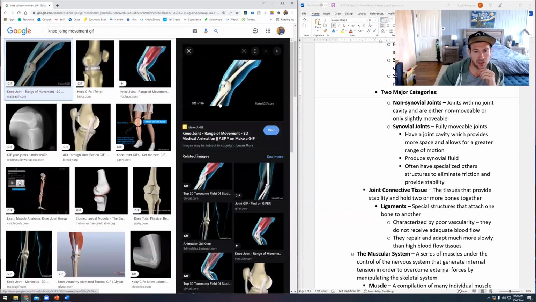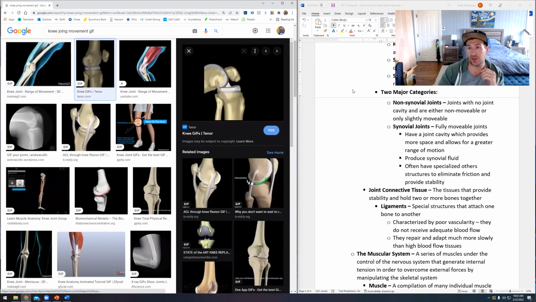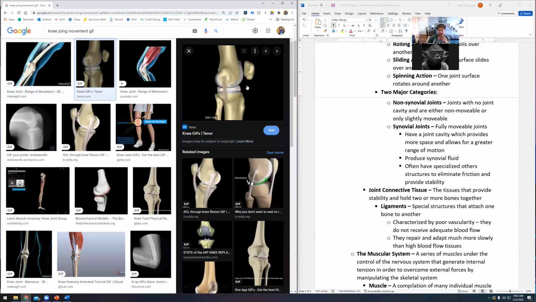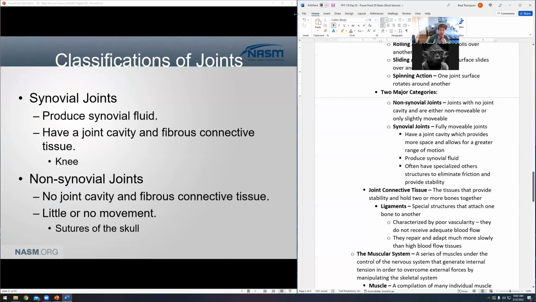So you can see how it does both those things simultaneously. There's a little sliding that happens, but it also does a rolling action as well. So that is a combination of those two coming together.